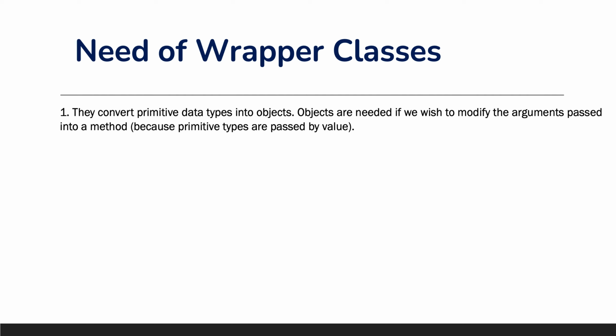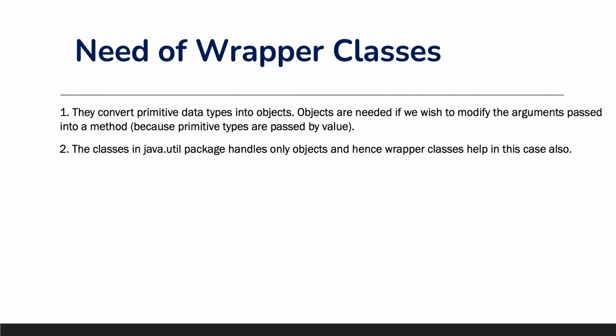They convert primitive data types into objects. That is one thing, and we have seen the purpose of converting primitive data types into objects. Objects are needed if we wish to modify the argument passed into a method, because primitive data types are passed by value. Second need is that the classes in the java.util package handle only objects.